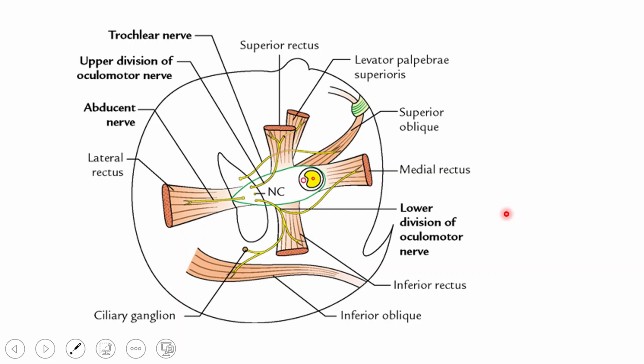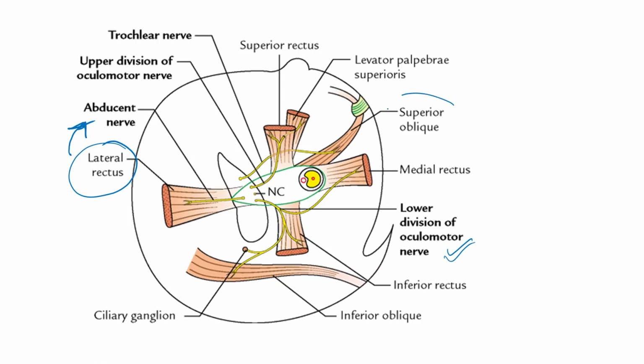All the muscles are supplied by the oculomotor nerve except the lateral rectus, which is supplied by the abducent nerve, and the superior oblique, which receives its nerve supply from the trochlear nerve. So the superior oblique receives its supply from the fourth cranial nerve, the trochlear nerve, and the lateral rectus receives its supply from the sixth cranial nerve, the abducent nerve. So this is the exception.